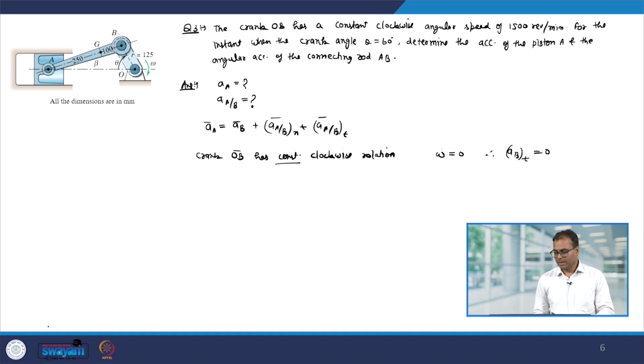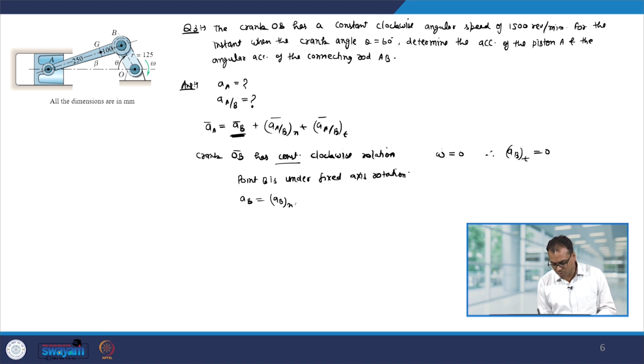So, there is no tangential acceleration of point B. So, therefore, point B is only under fixed axis rotation. Okay. So, we have A_B only the n component, because A_B can also have AT and AN, but AT is 0. So, A_B will be equal to A_B only n, and that is equal to R omega square.